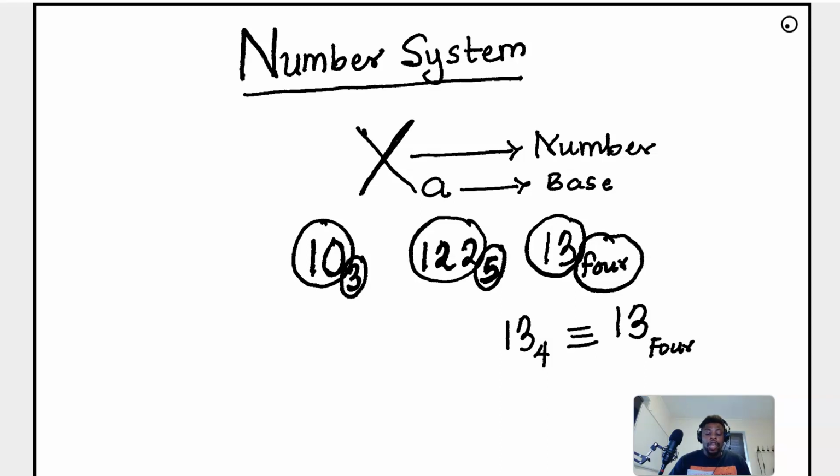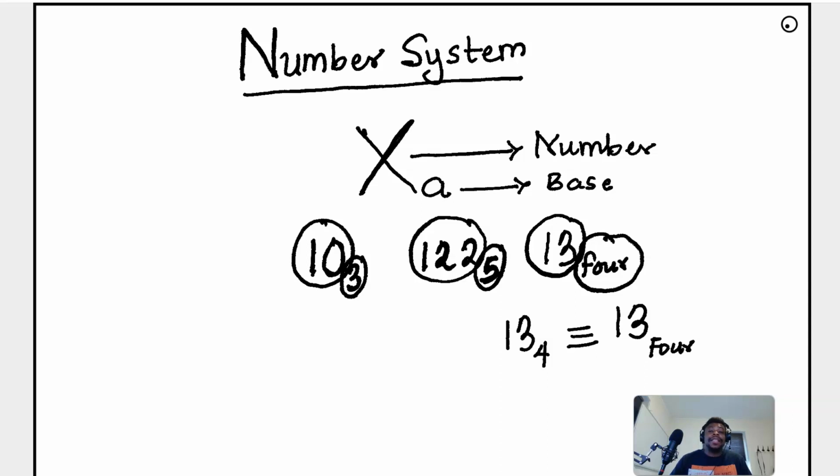So any mathematical expression in form of x subscript a is a number base or a number system question or expression. So that is how you'll be able to know if a question given to you is a number system or a number base. The next thing we want to go into is counting in bases.